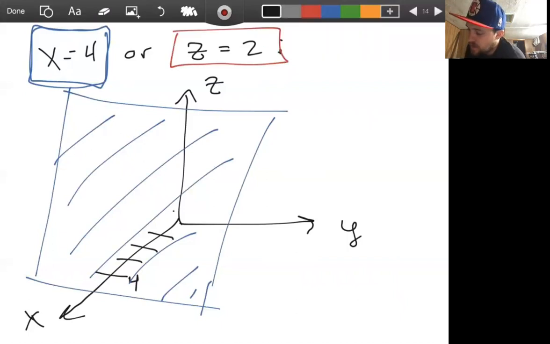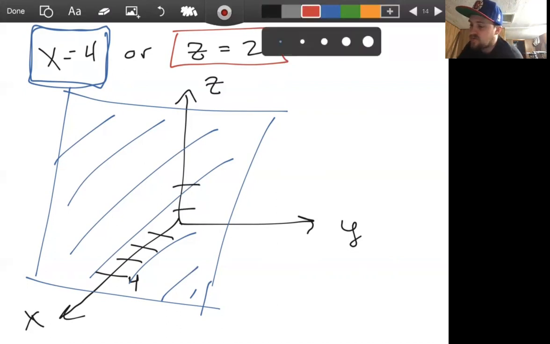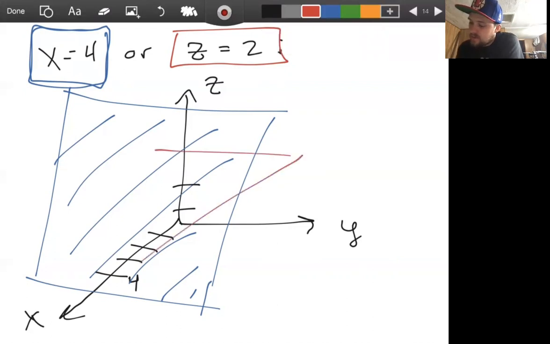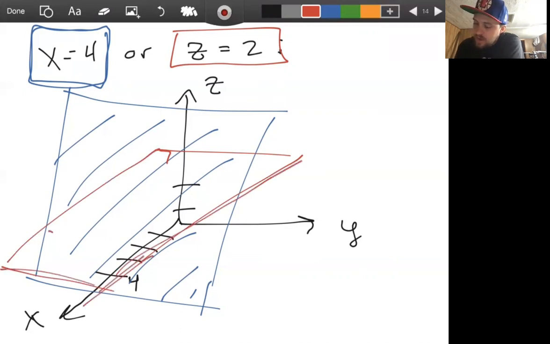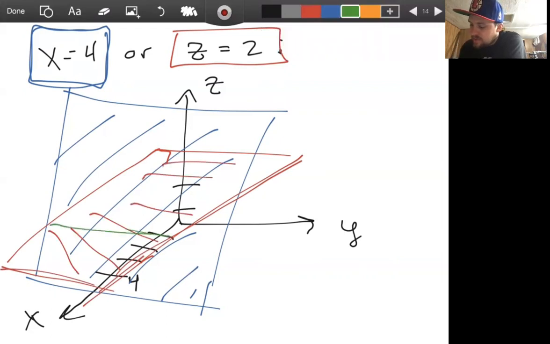So we can march up 2 units on the z-axis and then draw something parallel to the xy plane at the level z = 2. And you notice these intersect, like somewhere in here these planes will intersect, right?